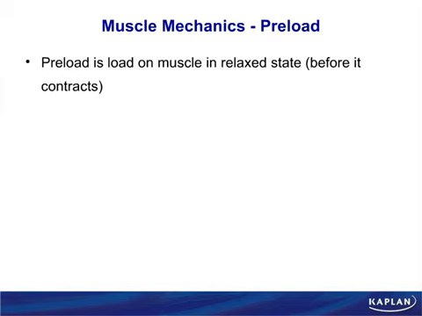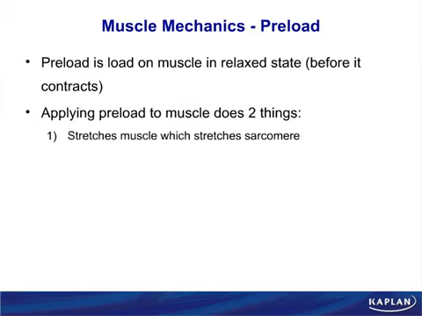All right, we're going to have two different loads that we need to know and appreciate. The first is called preload. Preload is the load on the muscle before it contracts. If I apply a preload to a muscle, it's going to do two things. Number one, it's going to stretch the muscle, which in turn stretches the sarcomere.